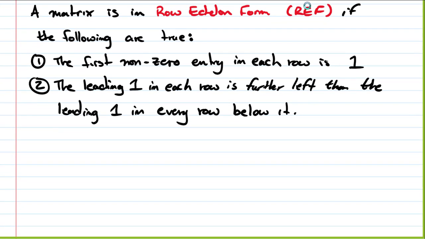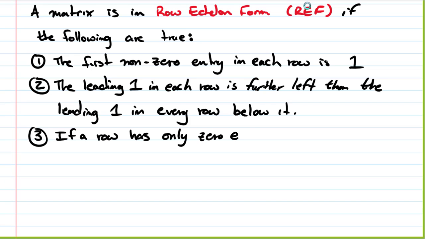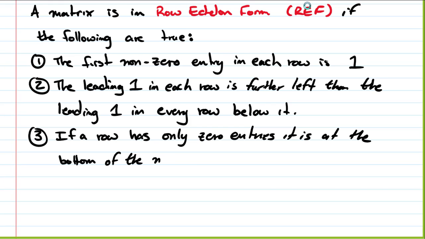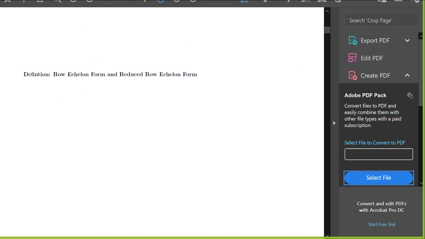And 3, if a row has only 0 entries, it is at the bottom of the matrix. So those are our 3 properties for row echelon form.